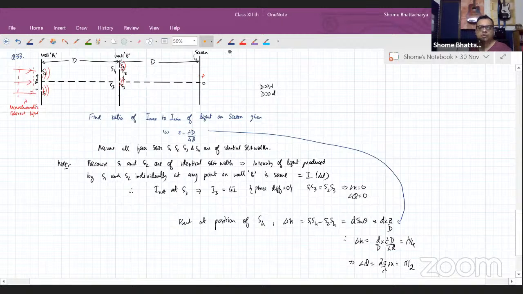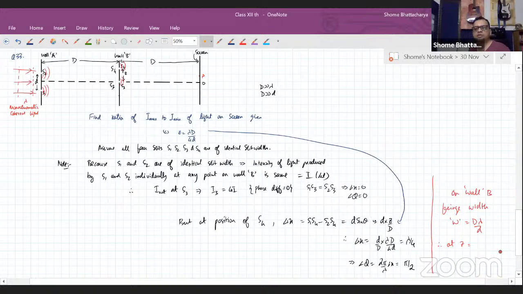So we could have also used the shortcut concept over here. We could have seen that here on the wall B, the fringe width W, let's say, that is D lambda by d. So therefore, at z equal to D lambda by 4d, that is 1/4 of fringe width, the phase difference directly is 2 pi into 1 by 4.